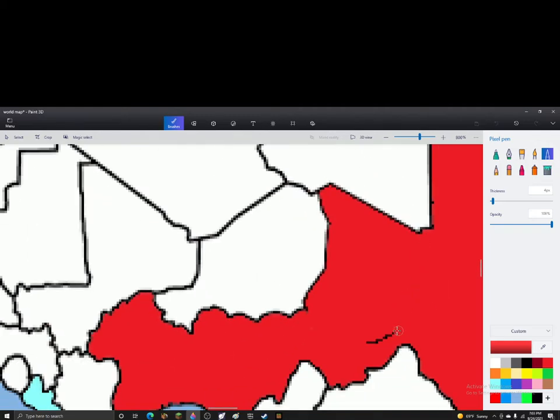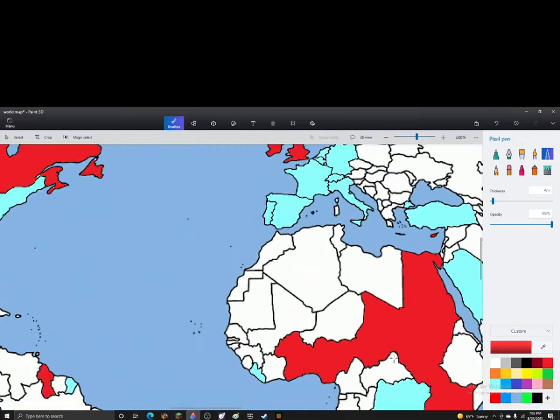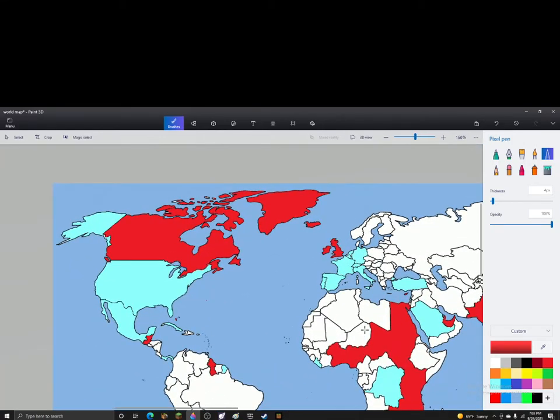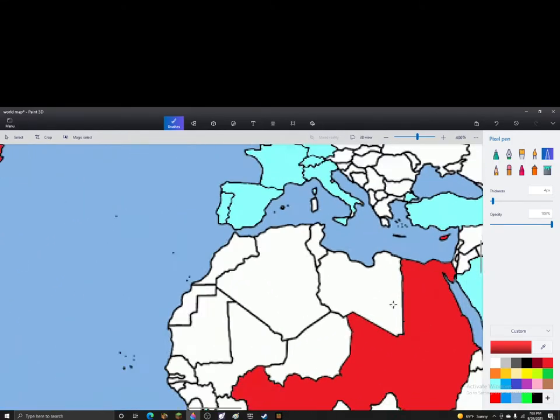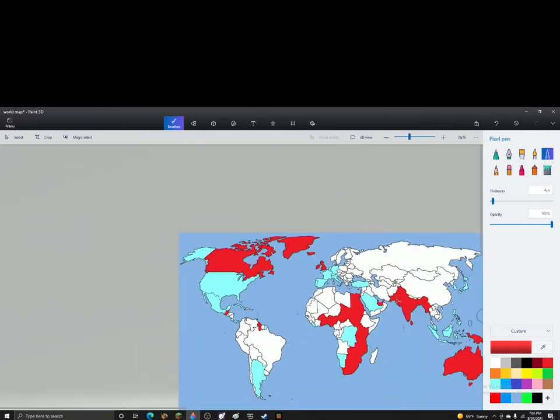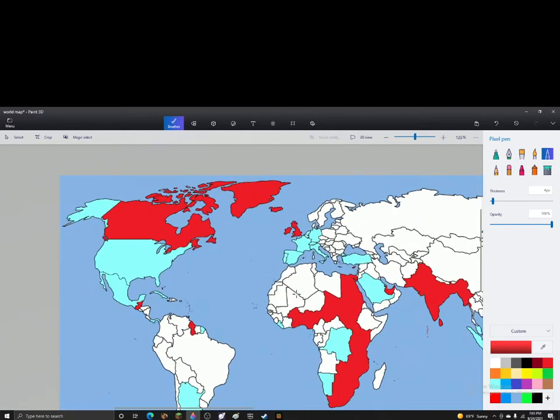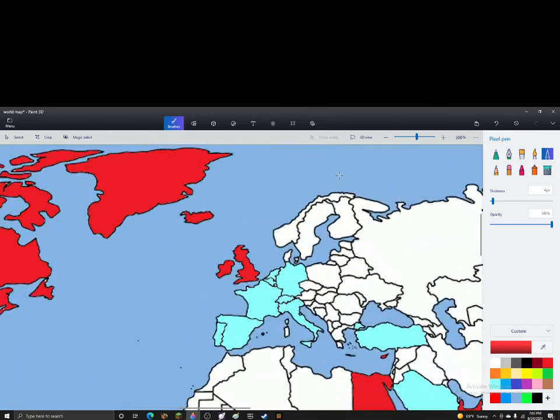And now they started their own alliance. The alliance of taking over. I know it's a terrible name, but I'm not really good at thinking of names.